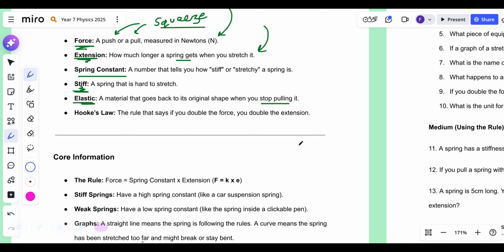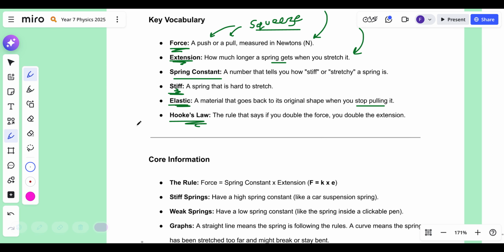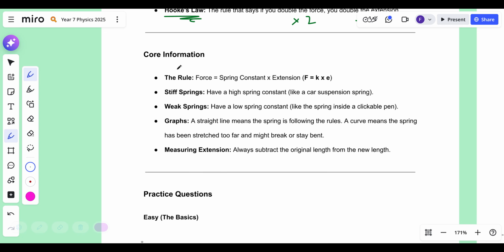Now, Hooke's law, he was a scientist, and it's a really simple rule. It says if you double the force, or if you stretch it twice as hard, you will extend it twice as far. And this is true for Hooke's law.